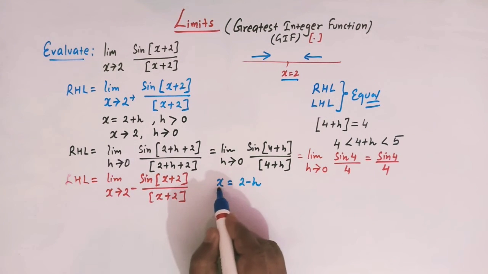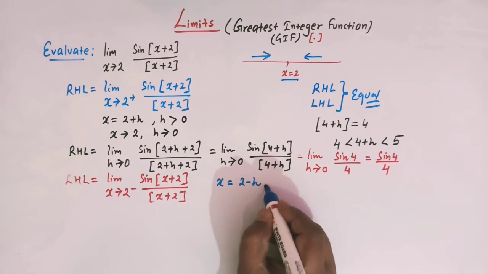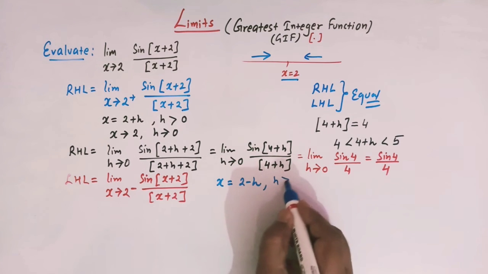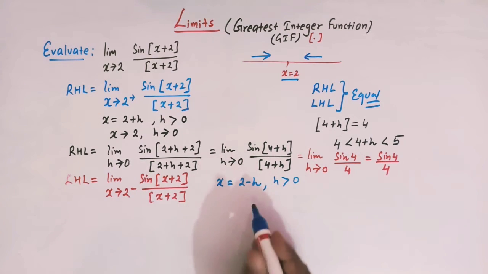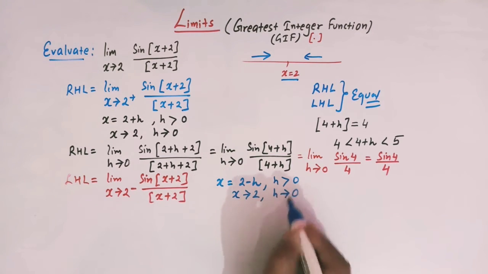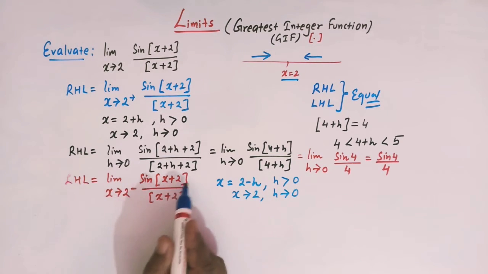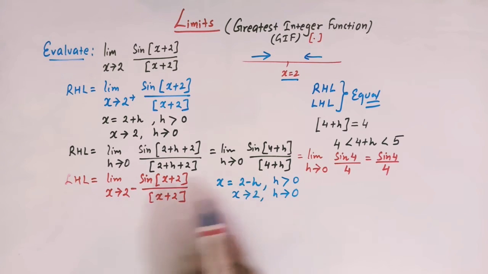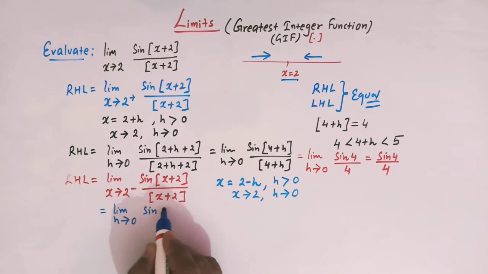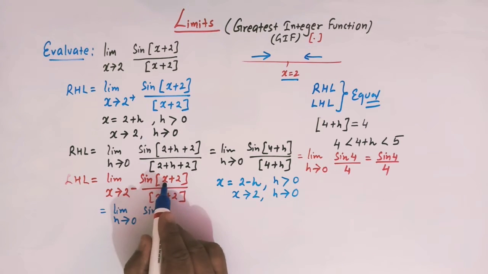Again h is a positive and very small quantity, and when x tends to 2, h tends to 0. So this limit in terms of h will take the form limit h tends to 0, sin of the greatest integer of x plus 2.